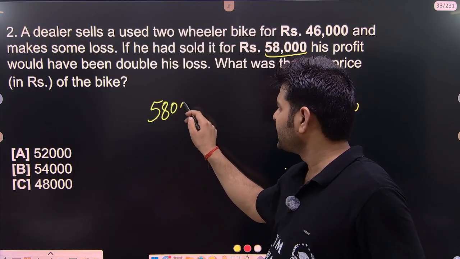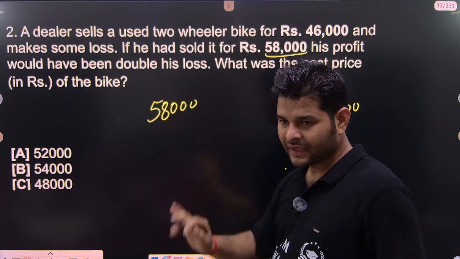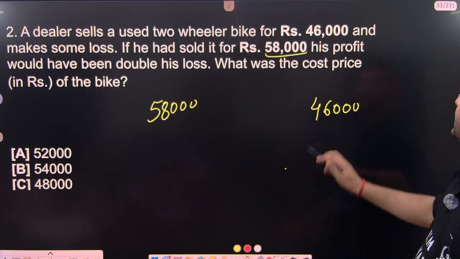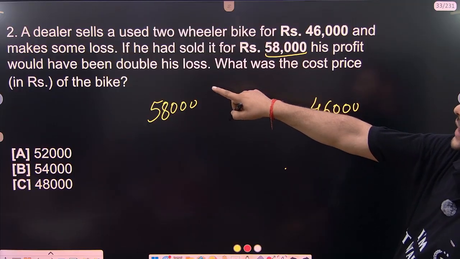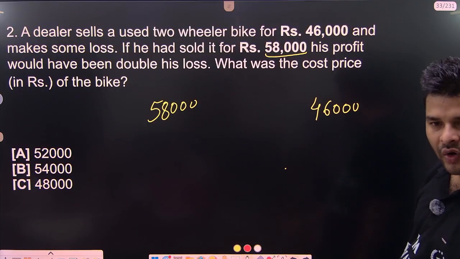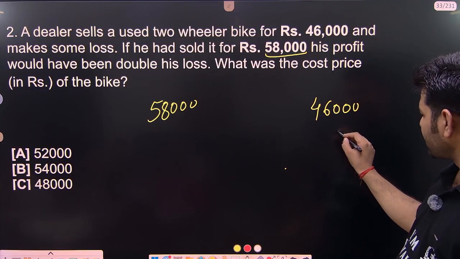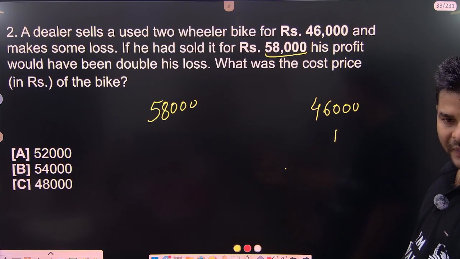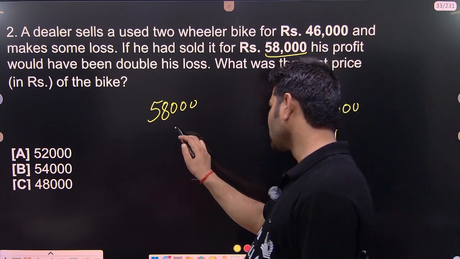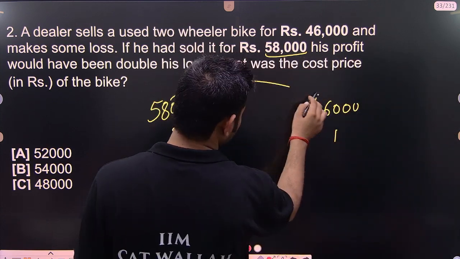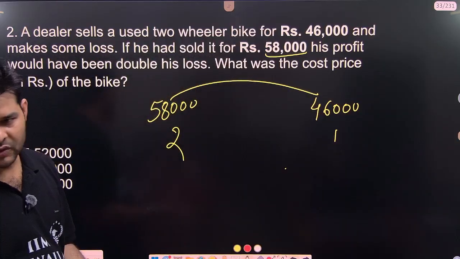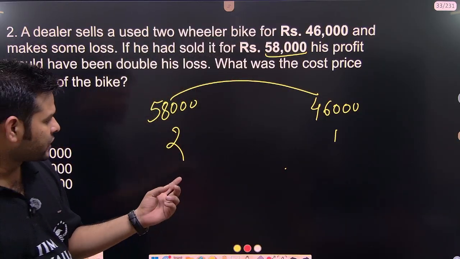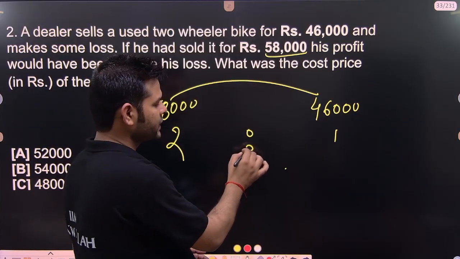If he had sold at 58,000, then his profit would have been double his loss. So basically if loss is 1, then profit must be 2. The difference from here to here is 12,000. You need to divide that 12,000 in the ratio of 2:1.